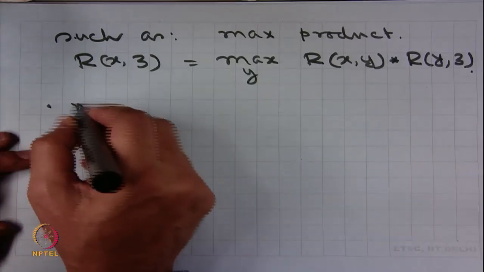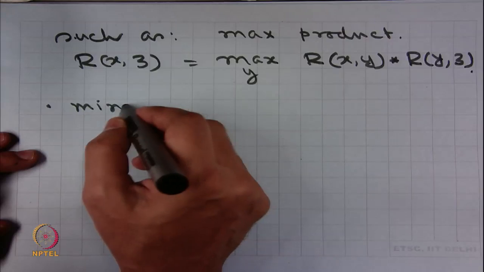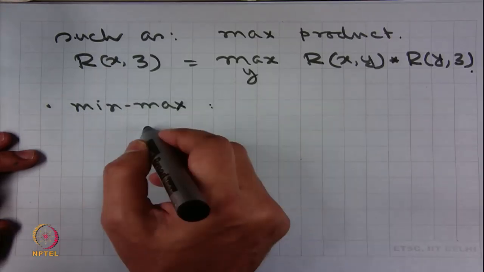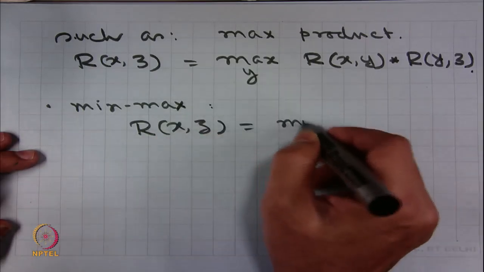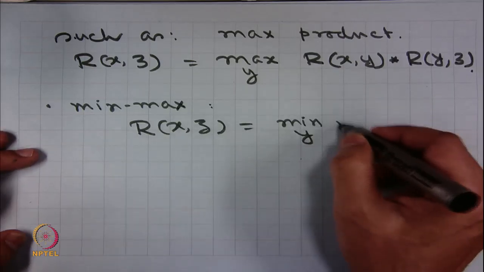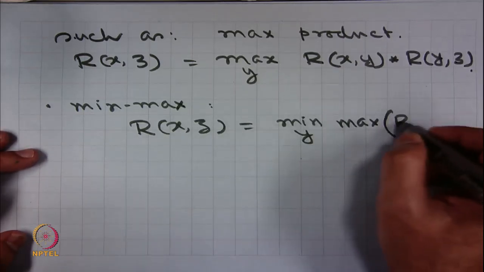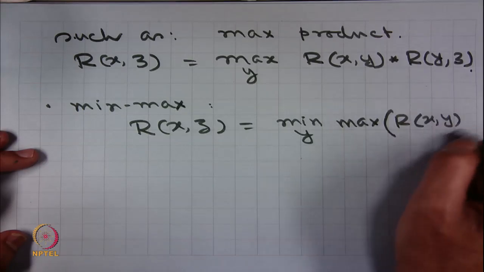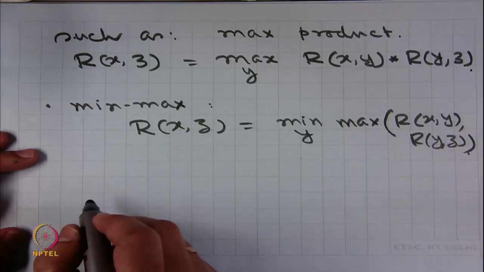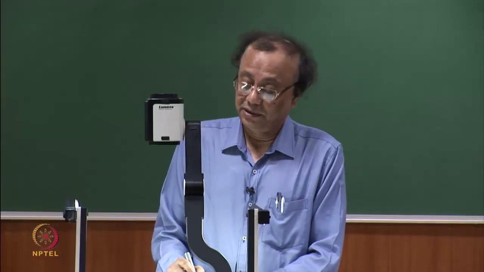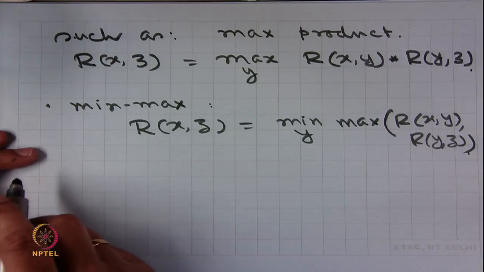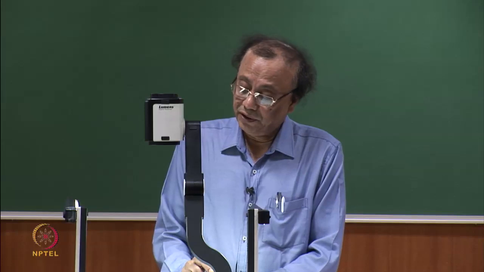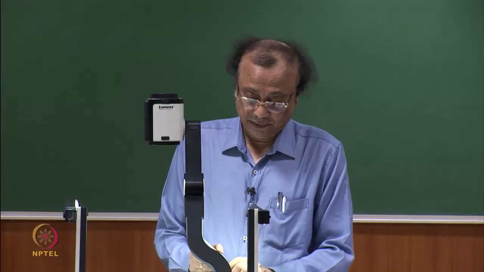Then there can be min max, that is R(x, z) is equal to minimum over y of maximum of R(x, y), R(y, z). So, in different applications, people have tried different ways of relation composition, but max min is the most commonly practiced one.